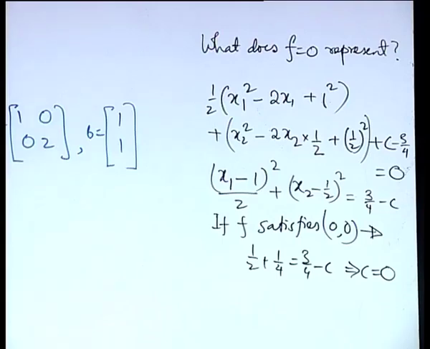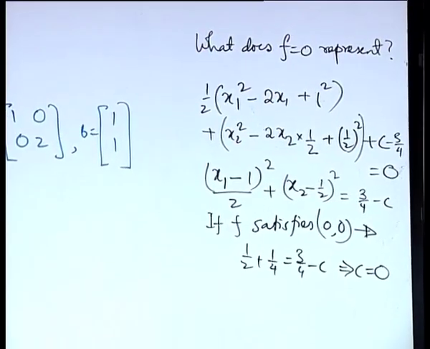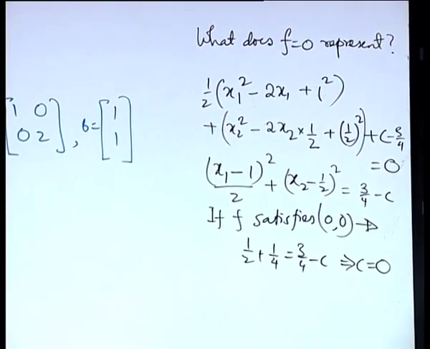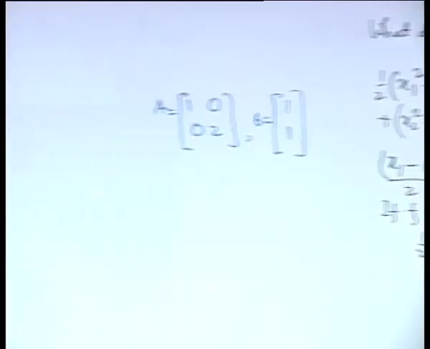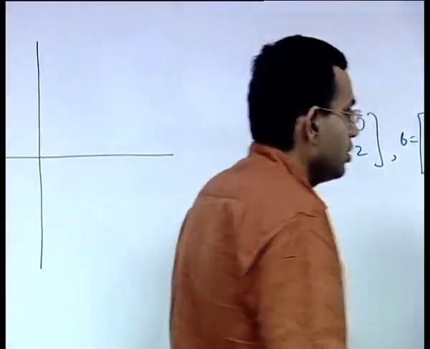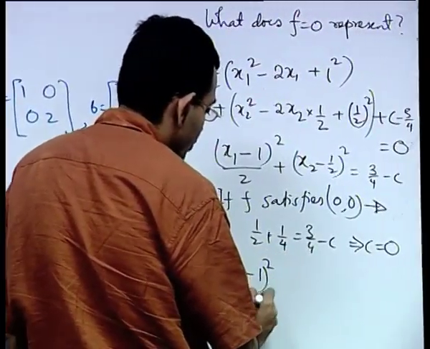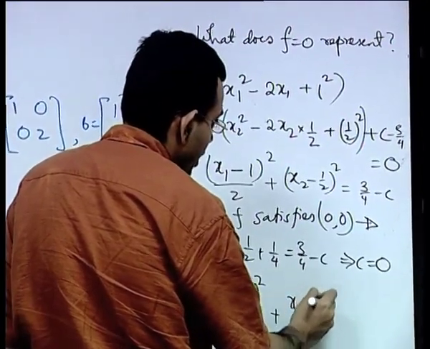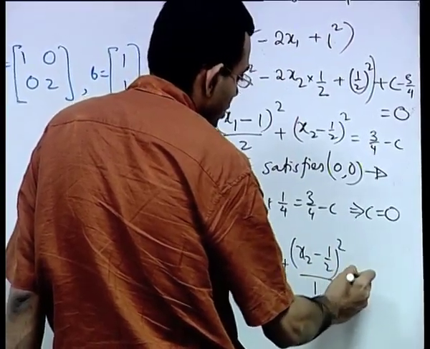Next, what we will do is we will try to make a sketch of this function. So, the function is like x1 minus 1 whole square by 2 plus x2 minus half whole square by 1 is equal to 3/4.